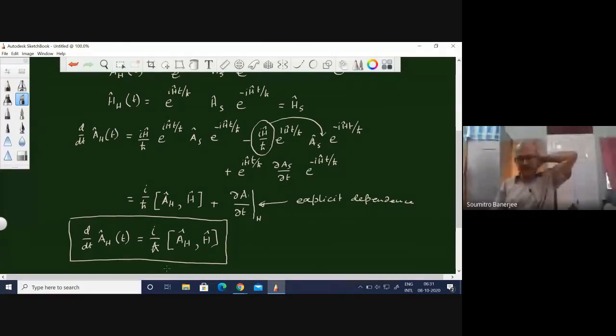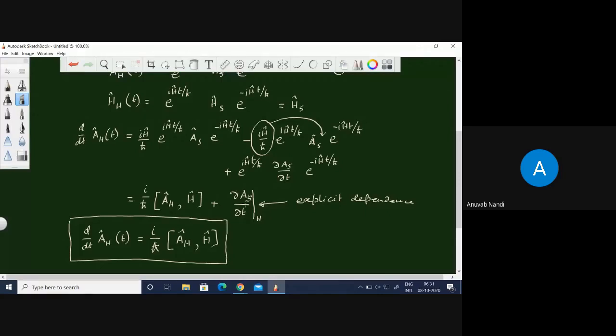Yes, you're right. That is what is customary to write, del A del t. But yes, you are right. You take a derivative of the Schrodinger picture operator and convert that into the Heisenberg picture, and that is what we are talking about, right?